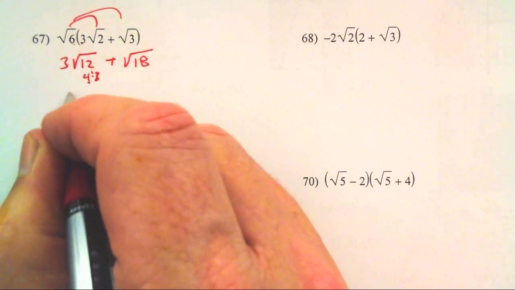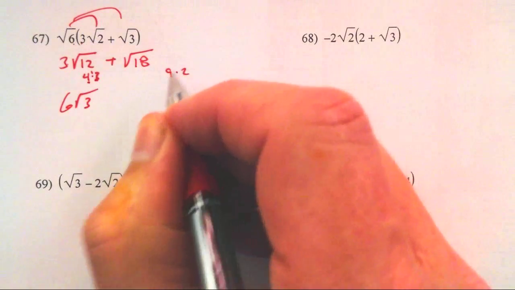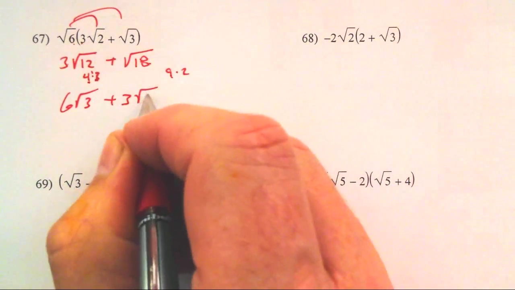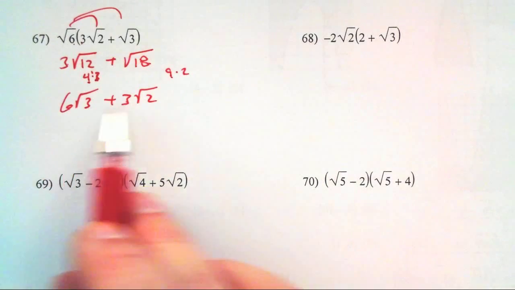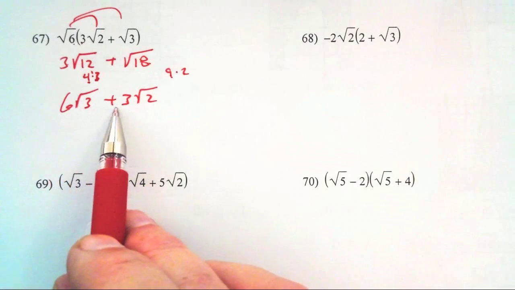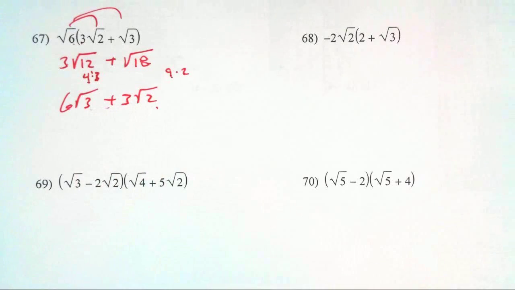So I can take 2 times 3, 6, but the 3 is stuck. 18 is 9 times 2, and the square root of 9 is 3, but the 2 is stuck in jail. I can't call this 9 root 5's. This is 6 apples plus 3 oranges. They are not like terms, can't combine them.